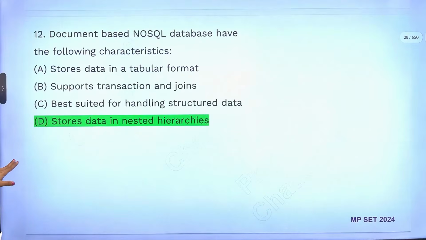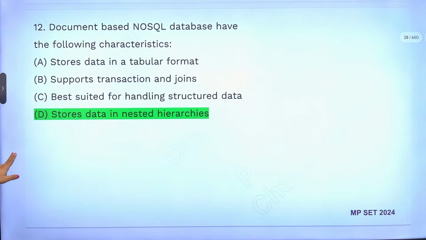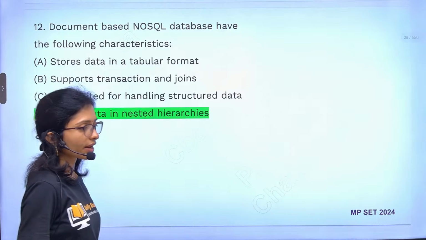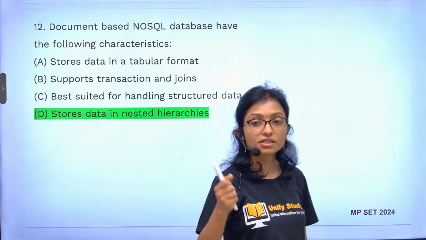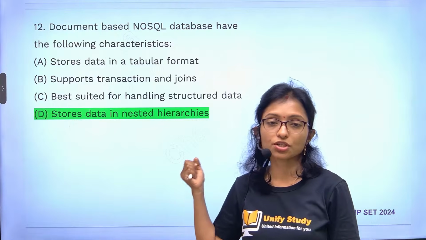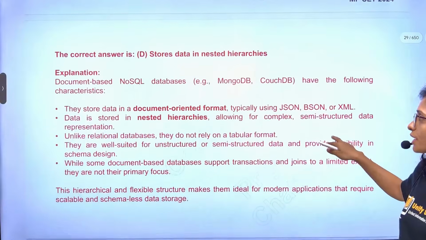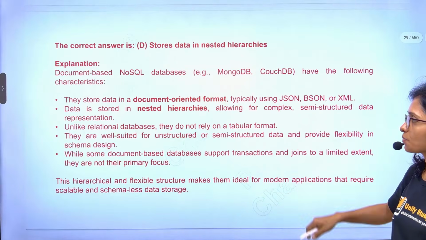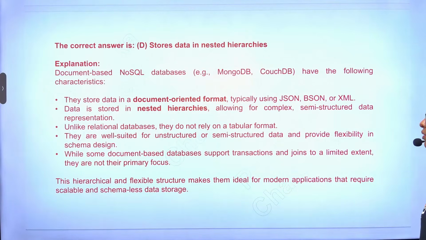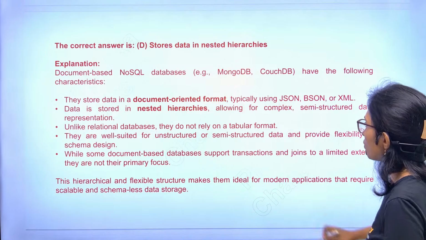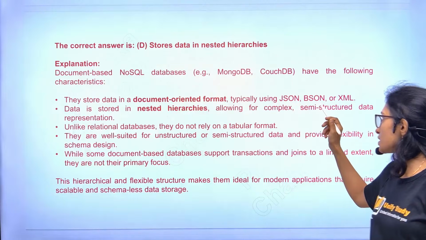Yes, store data in nested hierarchy. Nowadays data warehouse and data mining are very important topics, means they are making questions from here. So that's why it is important for you. Here, storing data in nested hierarchies means document based NoSQL databases like MongoDB, CosmosDB have this flow and store data in document oriented formats like JSON, BSON, XML.